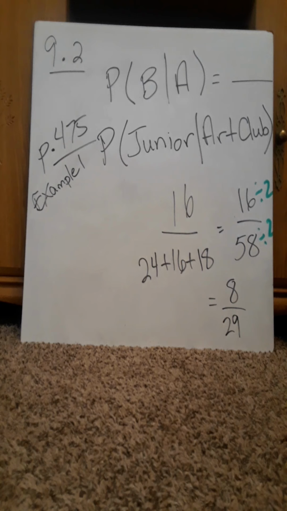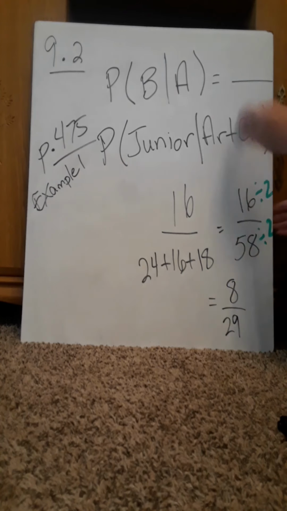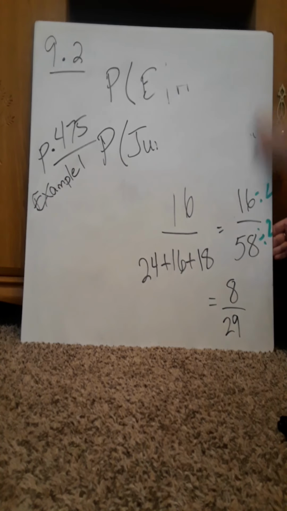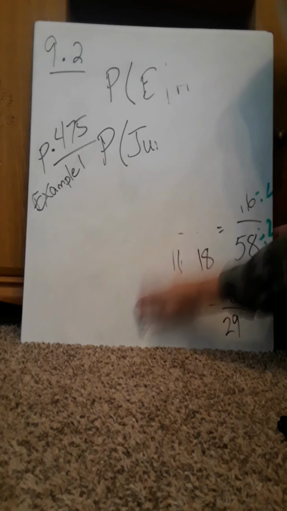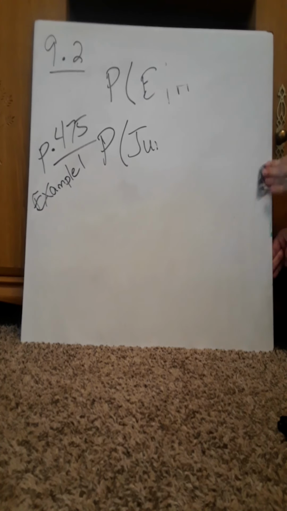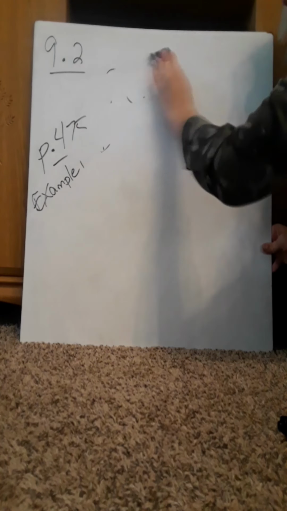If you now flip over to page 477, and if you look at example 3, you'll see that in the directions for that problem, it tells you to use the conditional probability formula. But I just got done telling you that you don't need to use the conditional probability formula. And you don't.